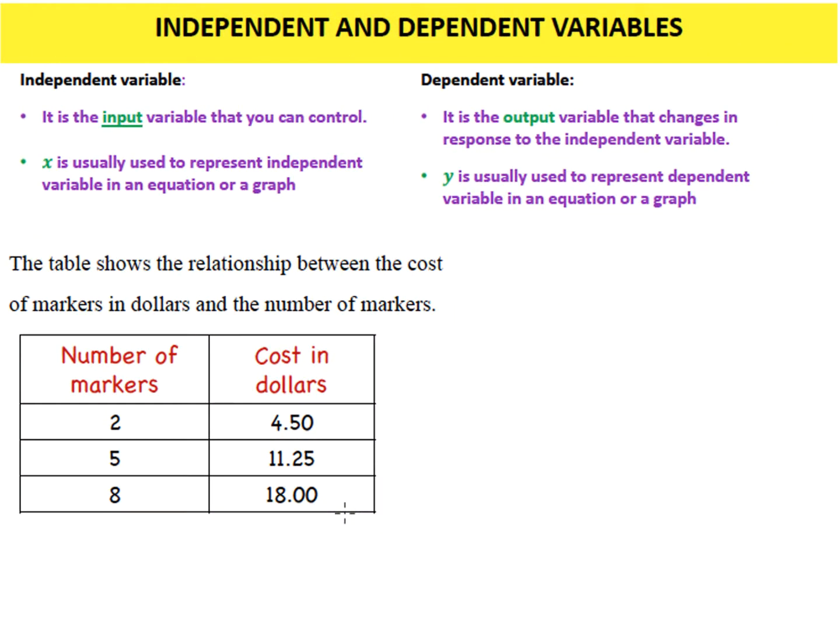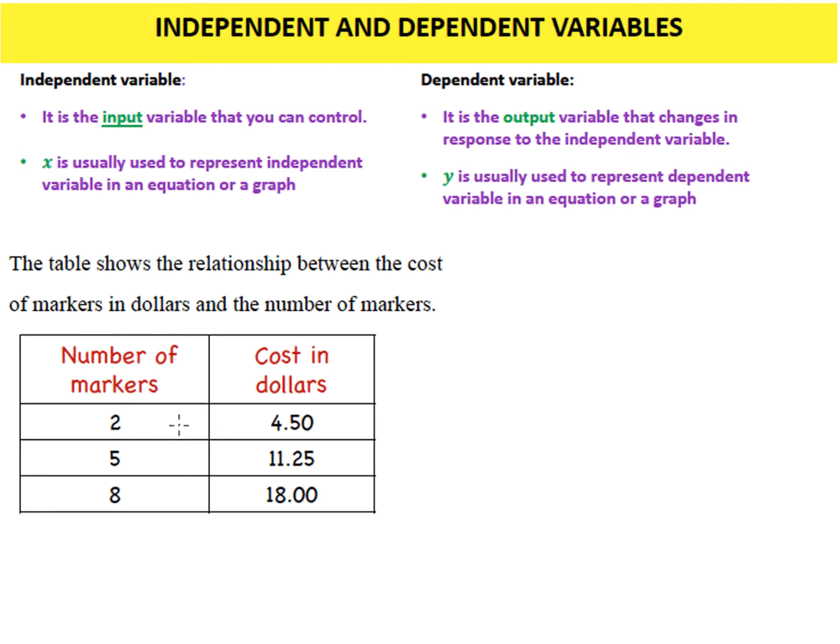Let's look at this table. This table tells us the relationship between the cost of markers in dollars and the number of markers. They don't quite tell us which is the independent variable and which is the dependent variable. But if you think about it, the cost in dollars depends on how many markers you buy.